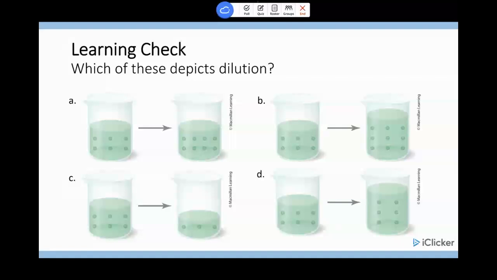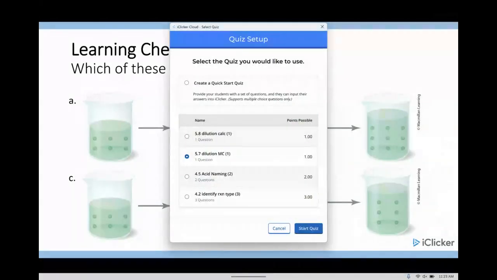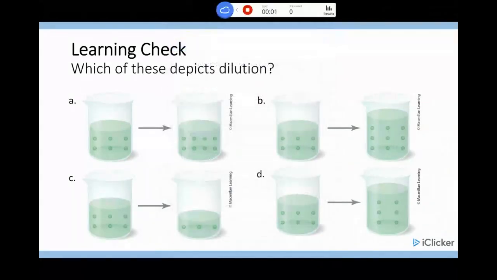So let's do this question here. Looking at the 4 different options, this will be an iClicker. Quick one here. Which of these represents dilution?